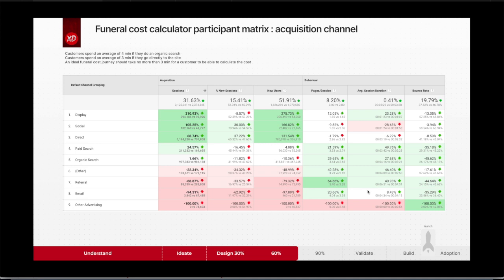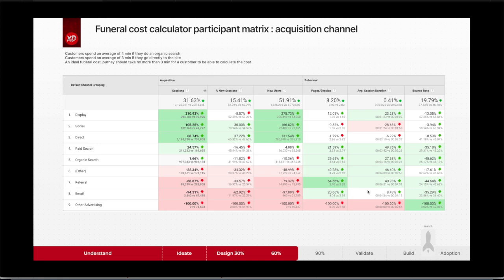Ideally, if we could time it, it should be efficient enough for them to be able to calculate the cost of the funeral within 3 minutes, and to properly consume the entire experience during that time.